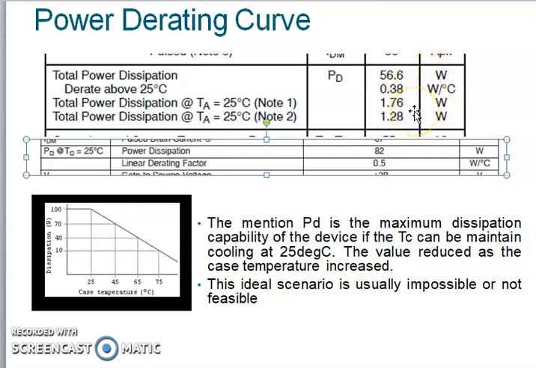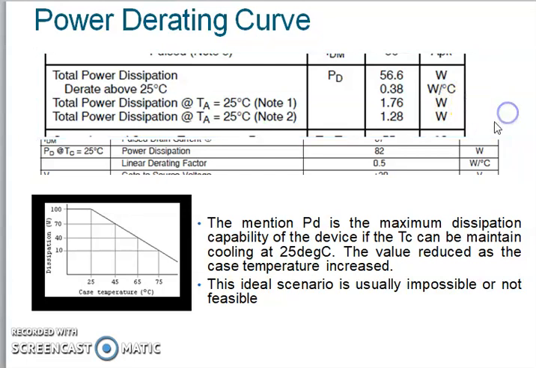If the temperature rises above that, maybe 26, 27, then for each degree C increment, you have to subtract 0.38 watt. The derating above 25 degrees C will take effect on this value, 0.38 watt per degree C.